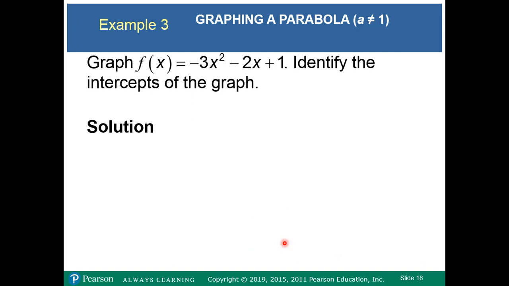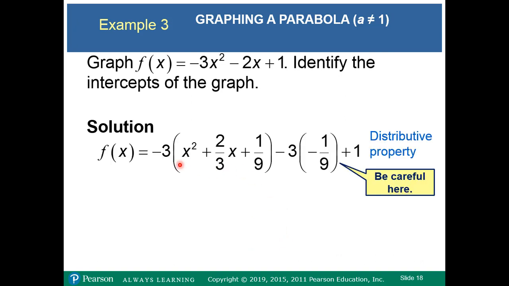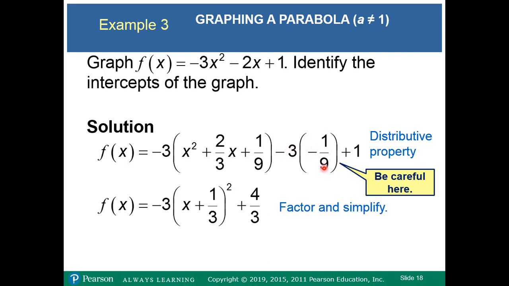So you have to distribute -3 here and then the -3 here. Again, be careful here. So this is -3 times the -1/9, which is going to be a plus 1/3. And so 1/3 plus 1 gives you 4/3, because this is 3/3 plus 1/3 gives you 4/3.